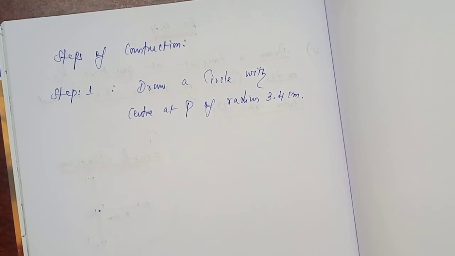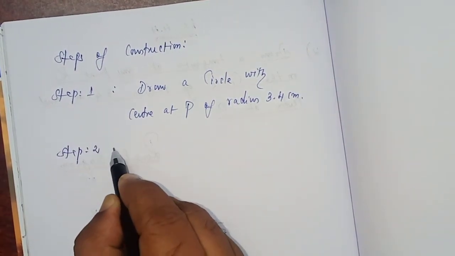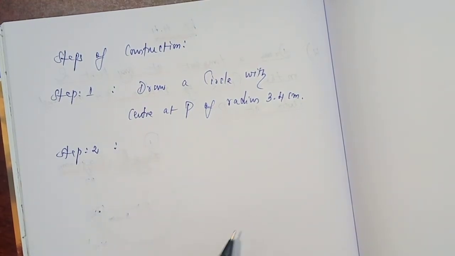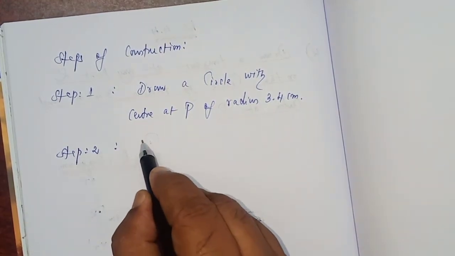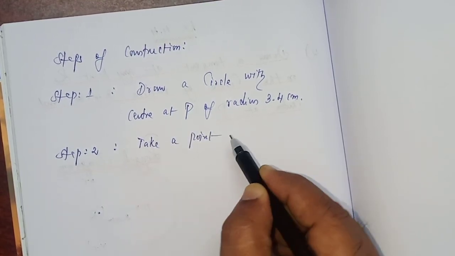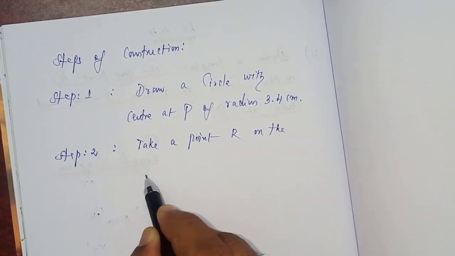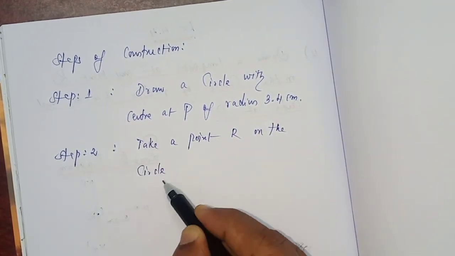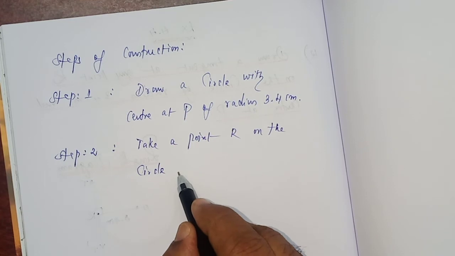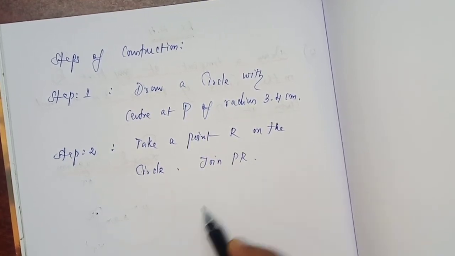That is step number 1. Step number 2. Take a point R on the circle, join P and R. PR.